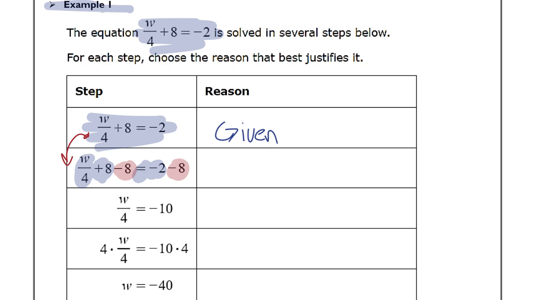So we are in fact subtracting 8 from both sides here. That's a subtraction, and then it's going to be property of equality. So you can write the whole thing out, property of equality.